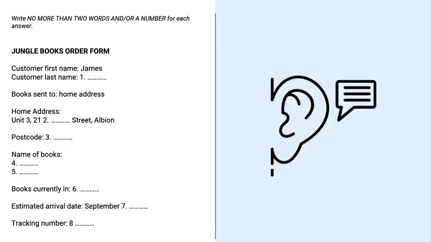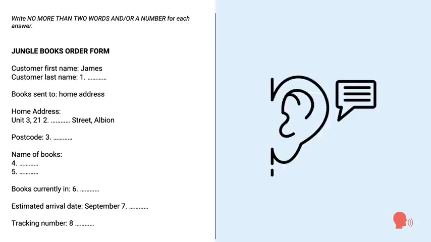Ready? Listen carefully. Good morning, Jungle Books. How can I help you today? Hi, I'm calling to inquire about a couple of books that I bought a few weeks ago but haven't received yet. No problem at all. Would you like me to track them for you? Yes, please. Okay. Firstly, I'll need to ask for some personal details. Sure. What's your full name? It's James Murray. How do I spell your last name?